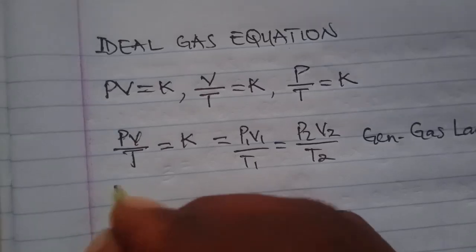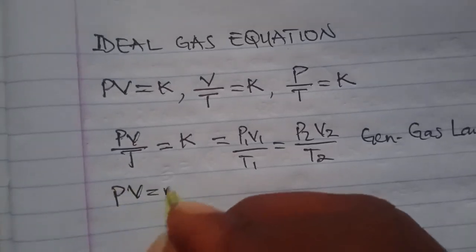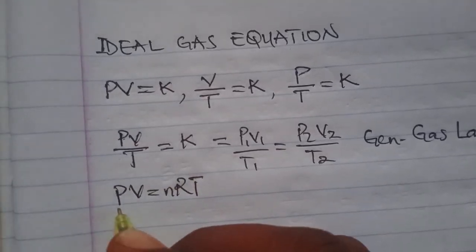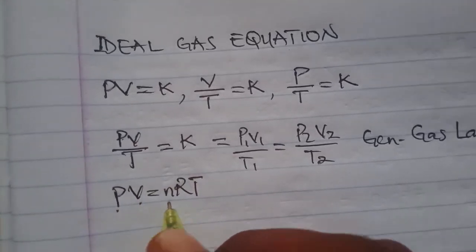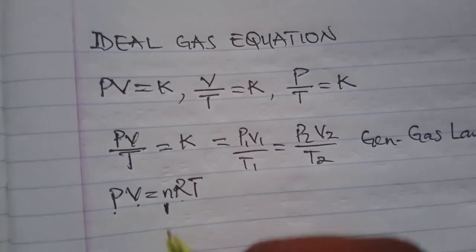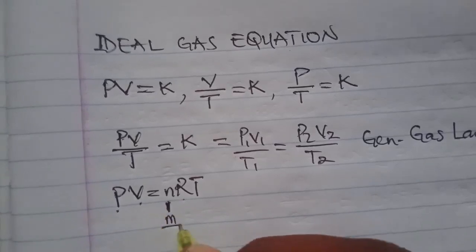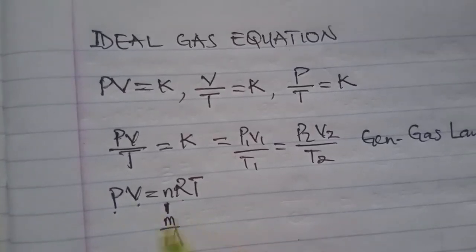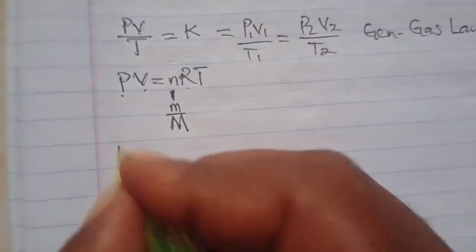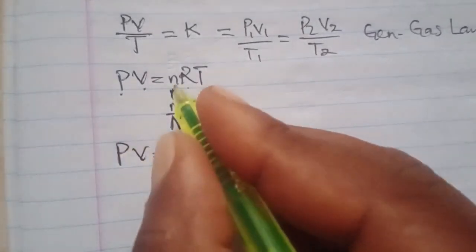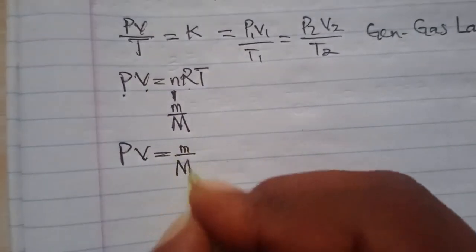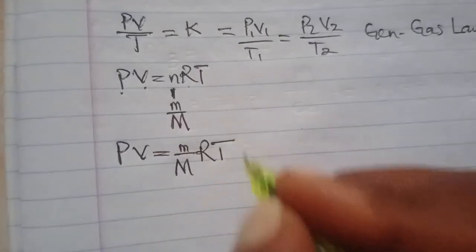For an ideal gas equation, we can say that PV is equal to nRT. Of course, this is the pressure, this is the volume, this is the number of moles, and this is the molar gas constant. Number of moles can also be written as mass over molar mass. Therefore, we can rewrite this as PV equal to, instead of writing n, mass over molar mass times RT.